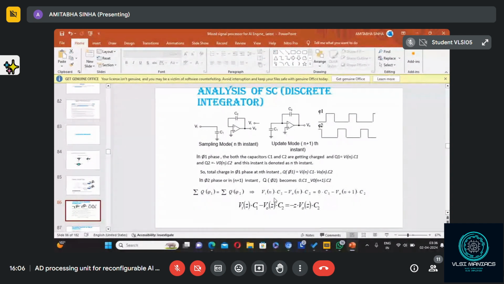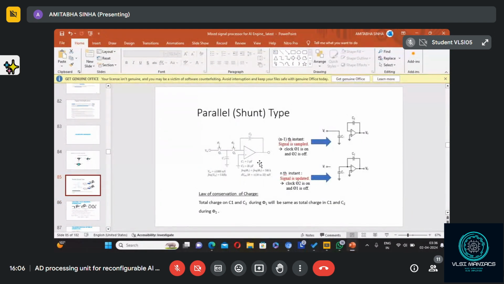So can't I say that initially Q equals C into V, so V1[n] into C1 minus V0[n] into C2? Consider this. At the n minus 1th instant, what is the total charge? What is the total charge in C1 and C2?